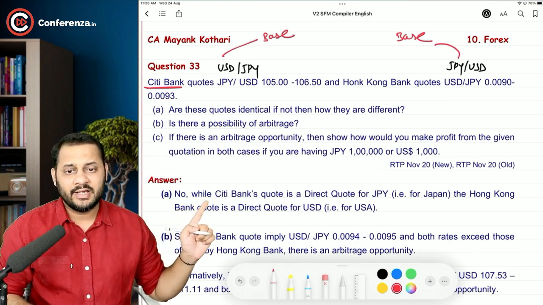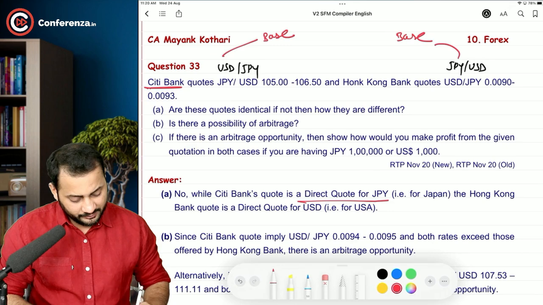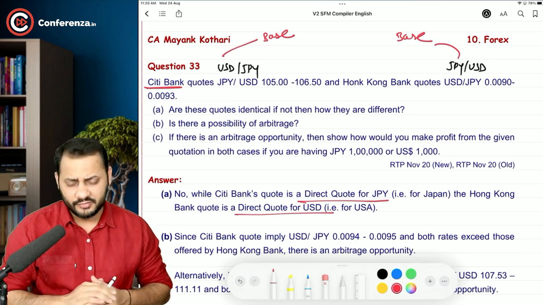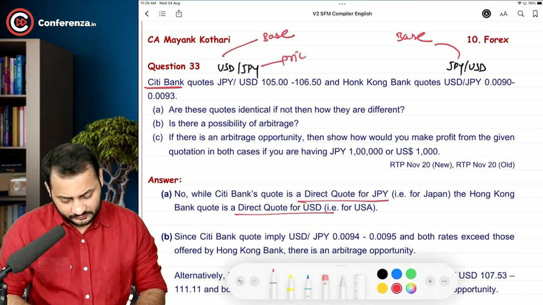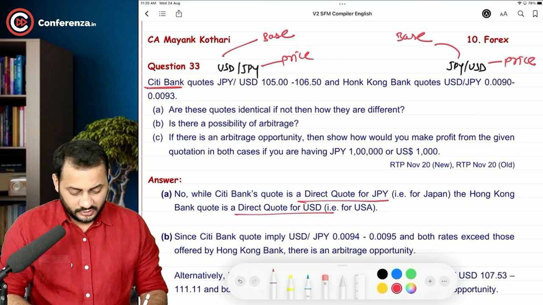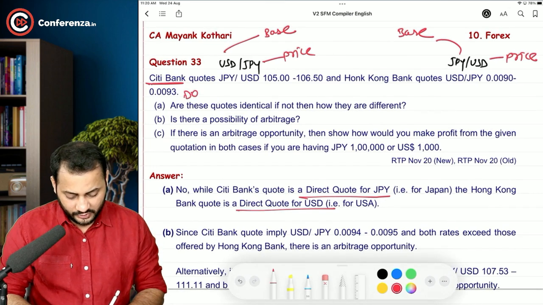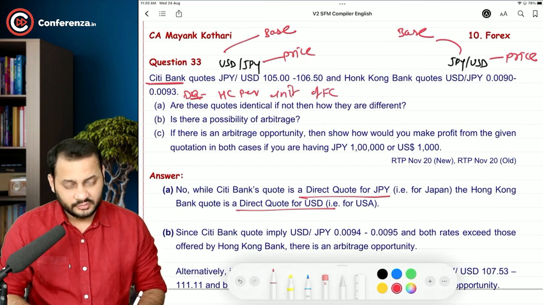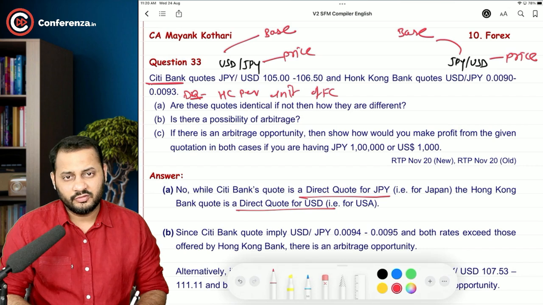Citibank's quote is a direct quote for Japanese yen, and the Hong Kong Bank's is a direct quote for dollar. Obviously, this is the price currency. If you look from a direct quote angle, a direct quote is always home currency per unit of foreign currency.